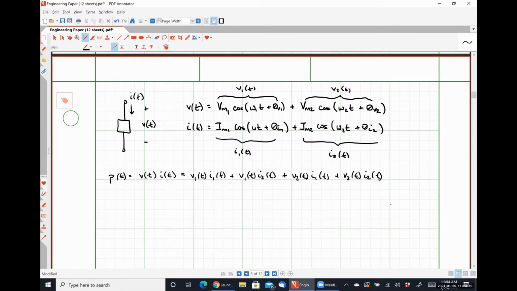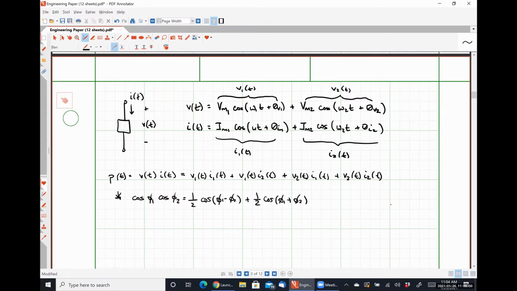So we're going to be using the trigonometric identity: cosine angle 1 times cosine angle 2 is equal to 1/2 cosine angle 1 minus angle 2 plus 1/2 cosine angle 1 plus angle 2, to figure out what exactly is going on here, all right?